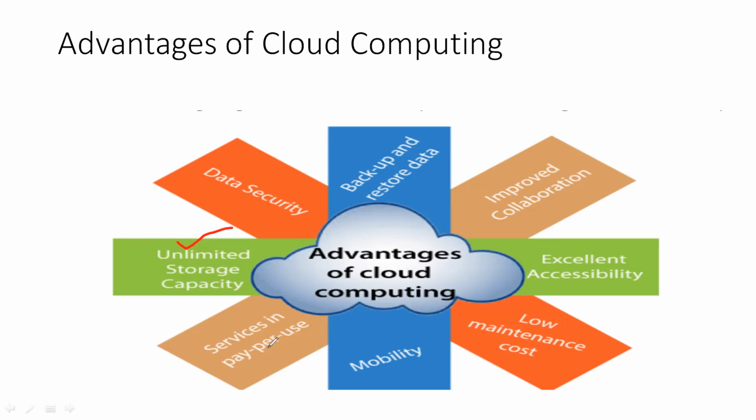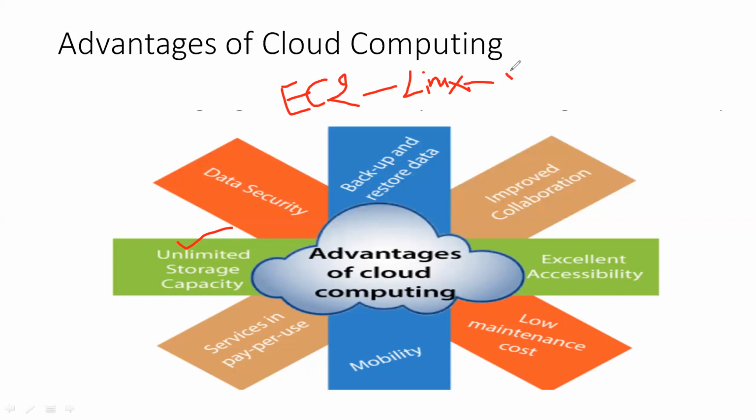For example, in AWS, we use the EC2 service, Elastic Compute Cloud. In EC2, you launch a Linux server with a configuration based on your business requirement.